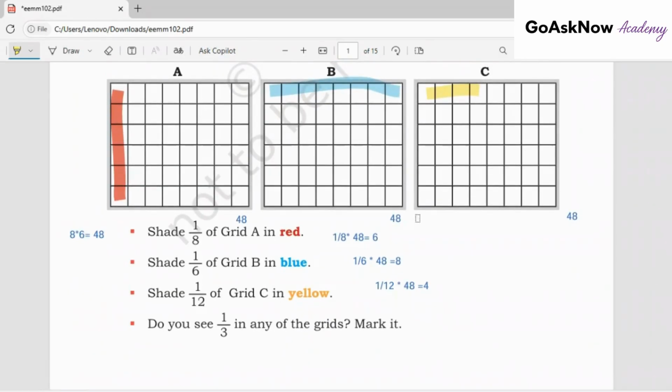Mark it, which is 1 by 3 into 48, which is 16. 16 can be obtained from grid C. The answer is grid C.